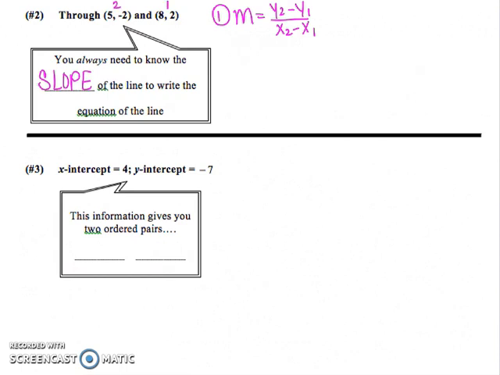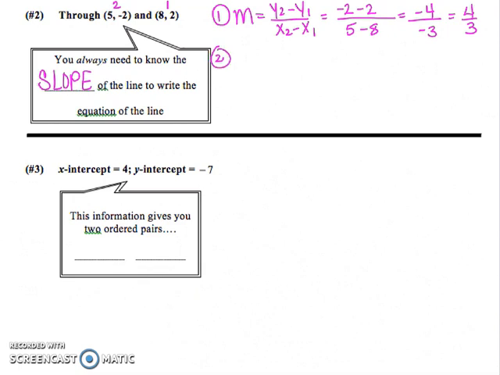So I'm going to call this one point 2, and I'm going to call this one point 1. So my slope is going to be negative 2 minus 2 over 5 minus 8, which gives me negative 4 over negative 3, which negative over negative makes positive. So my slope is 4/3.